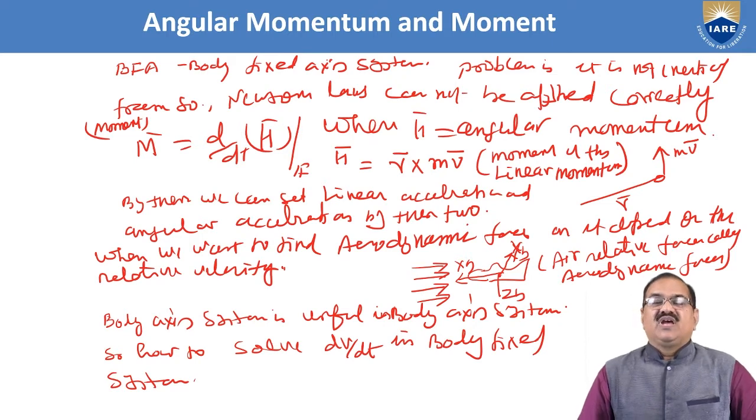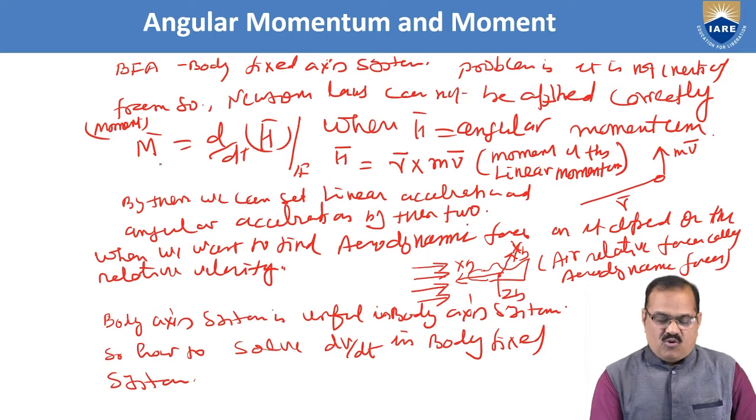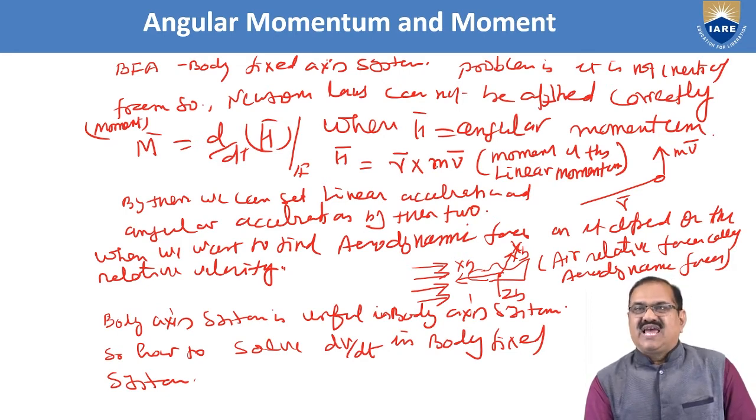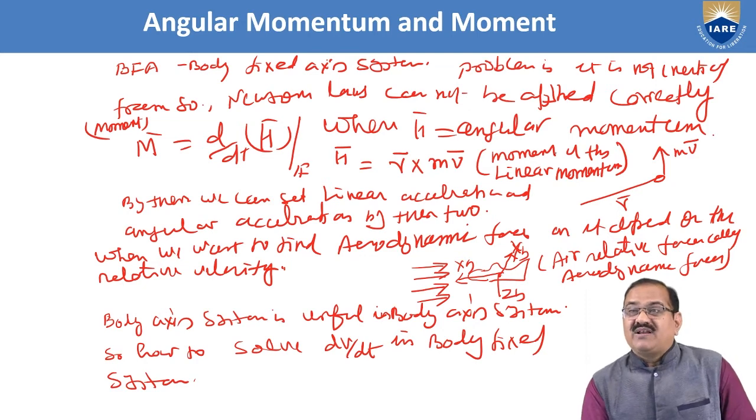So we have to change. Here the moment M bar is equal to d by dt of h bar, where h bar is the angular momentum, and h bar is equal to r bar cross mv. This is called the moment of momentum.